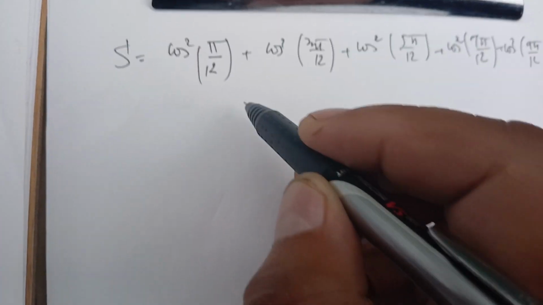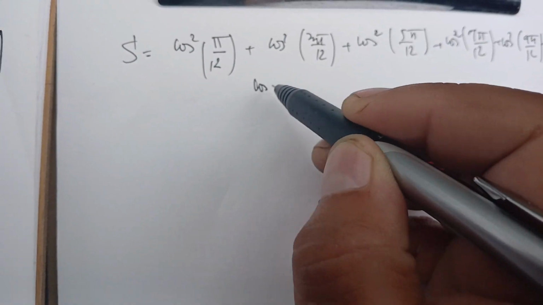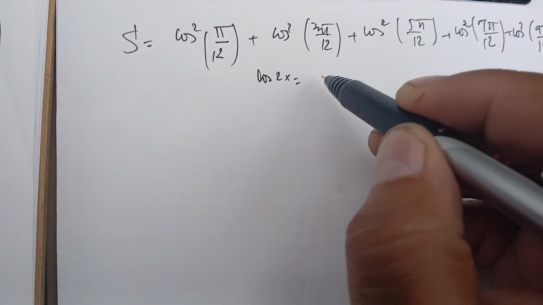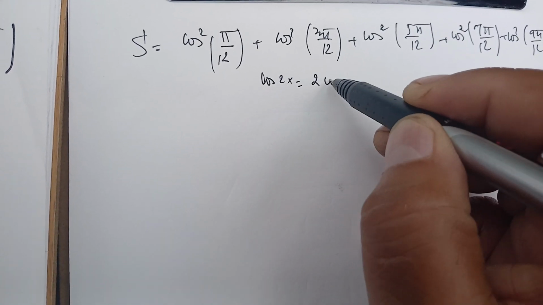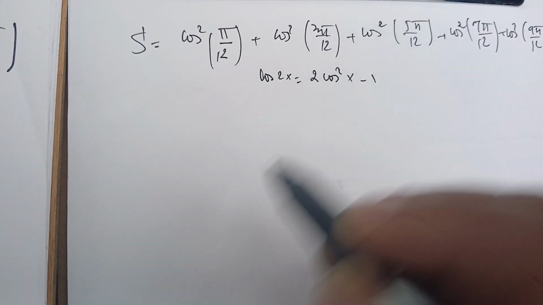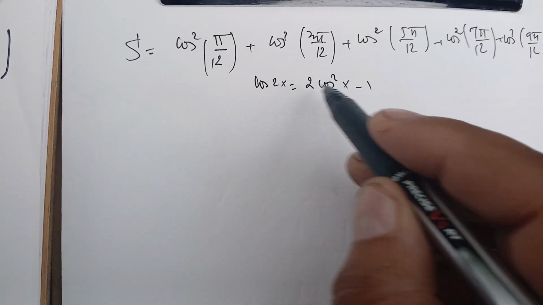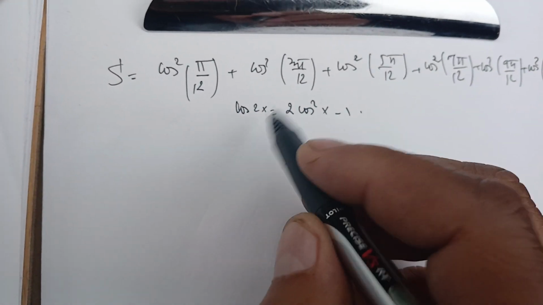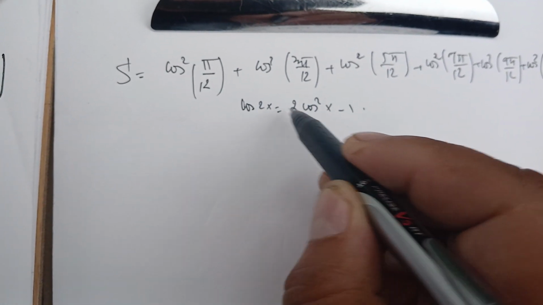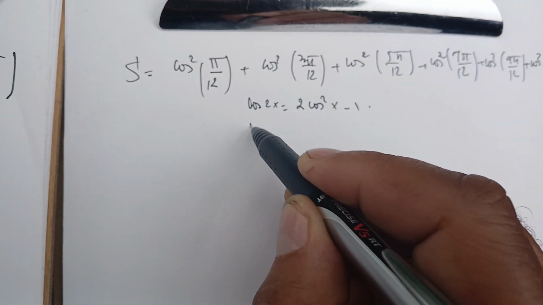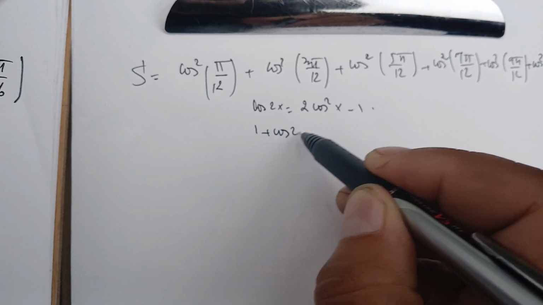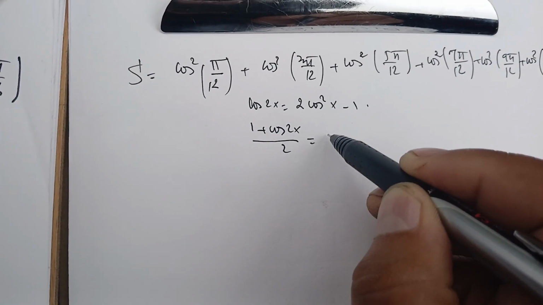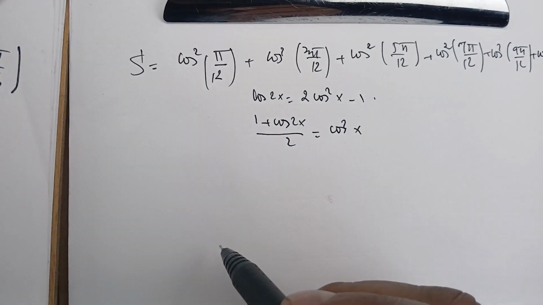We know that cosine 2x is 2 cosine squared of x minus 1. We're going to use this rule to simplify this sum. If we add 1 to both sides and divide by 2, we get (1 plus cosine 2x) over 2 is cosine squared of x.